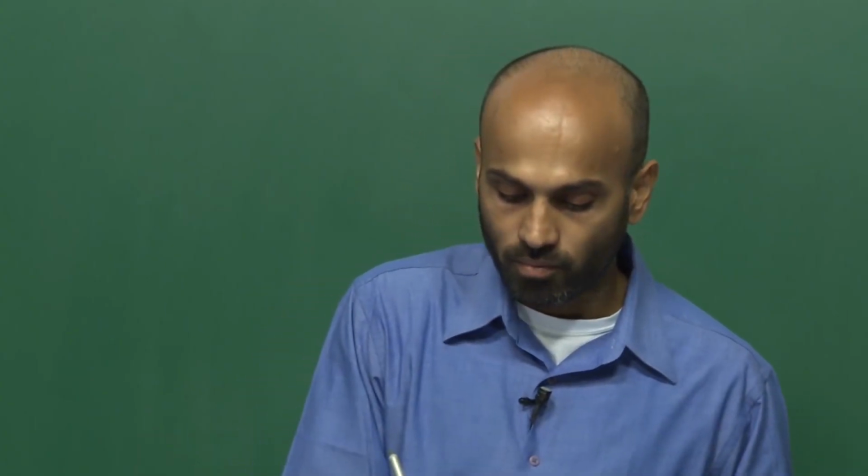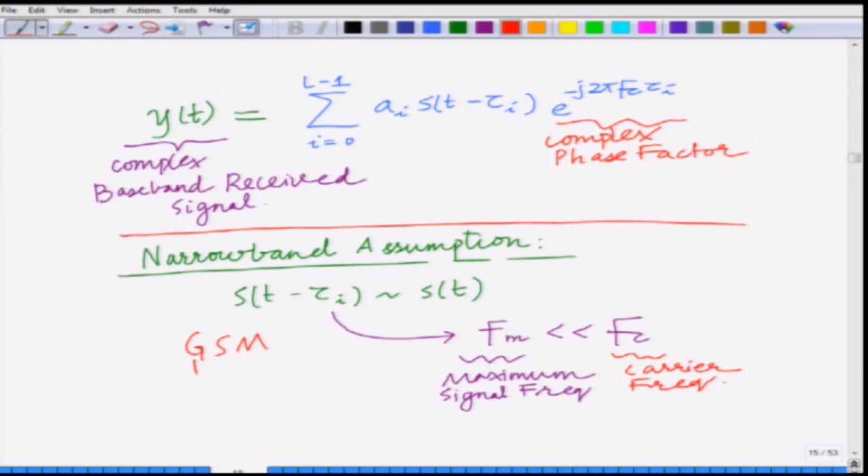For instance, when we look at a GSM signal, the maximum frequency is around 200 kilohertz, which is well under 1 megahertz, but the carrier frequency f c is around 900 megahertz. For GSM, you have f m approximately equal to 200 kilohertz, while f c is approximately equal to 900 megahertz.